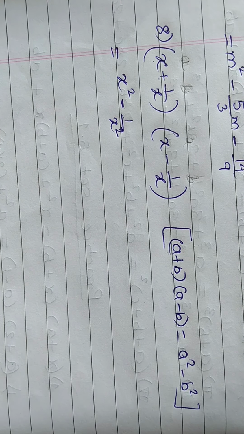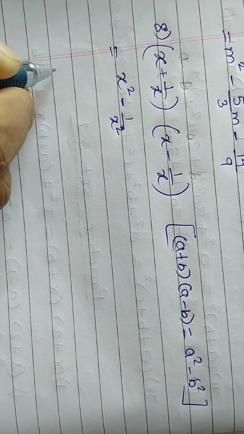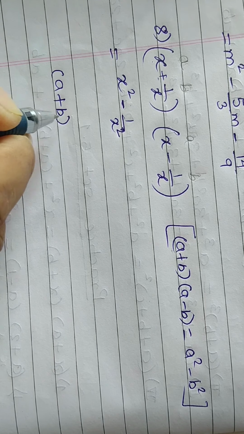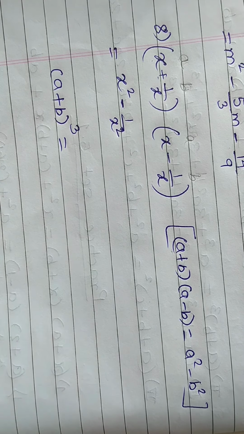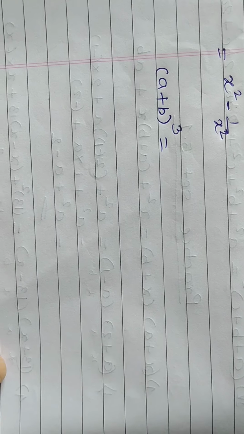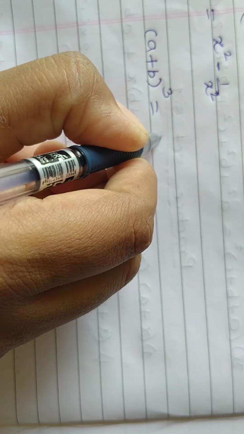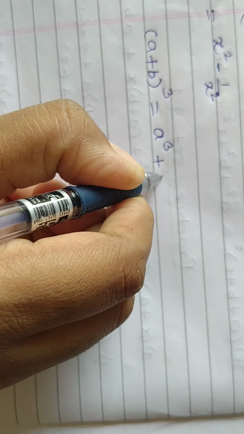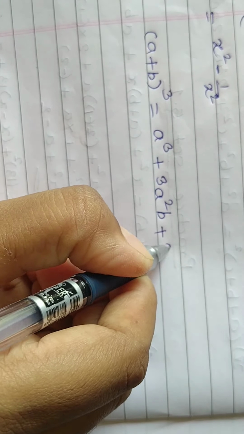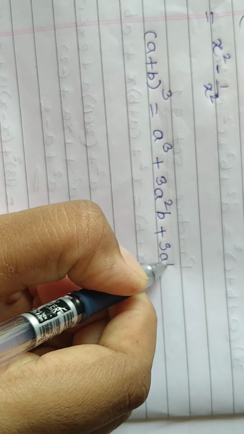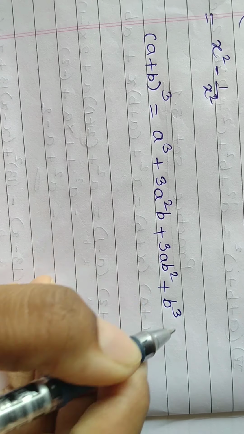Now we will go to the next formula, that is a plus b whole cube, which is equal to first term cube plus 3 times first term square into second term, plus 3 times first term into second term square, plus second term cube.